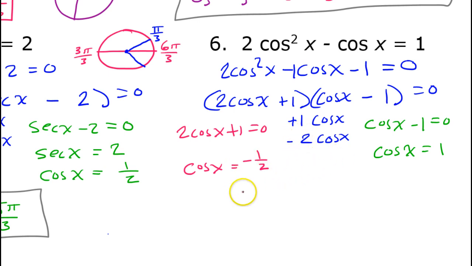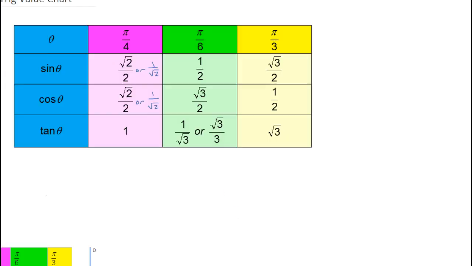So, time to ask myself what the solutions are. So first I need to decide what the reference angle is. Okay, so in my mind, I'm doing this. Ignore the negative sign. Cosine of what is 1/2? That is pi over 3. Cosine of pi over 3 is 1/2.